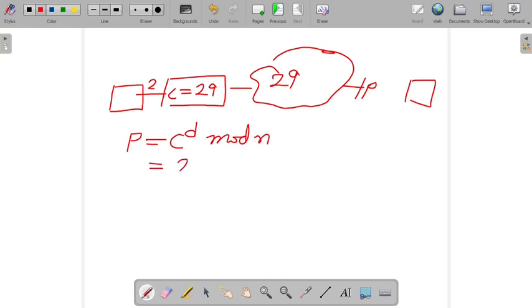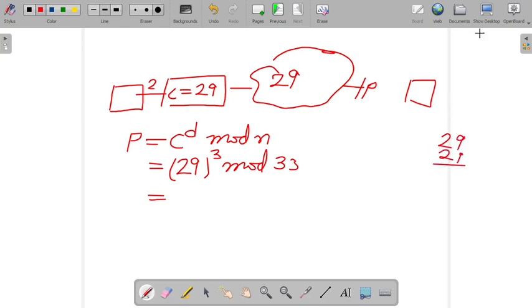So C is 29, D was 3, mod n is 33. So you do 29 to the power 3. I don't know what is 29 to the power 3. You may use the calculator or you just do it here.